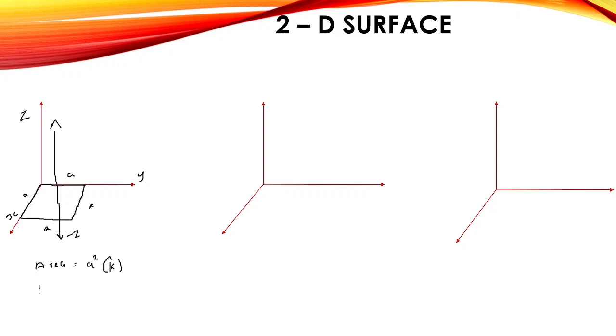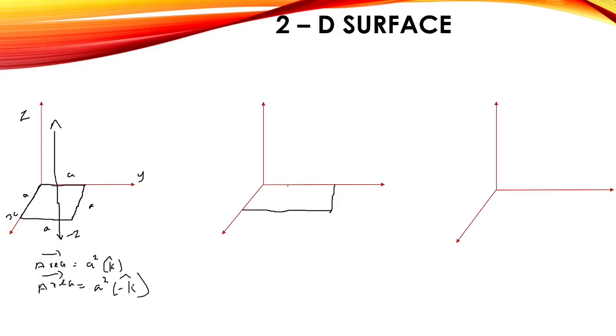So our area again will be A square minus k cap. This will be more clear to you, right? So for an area there are two directions, one can be in the z direction and another can be in the minus z direction.